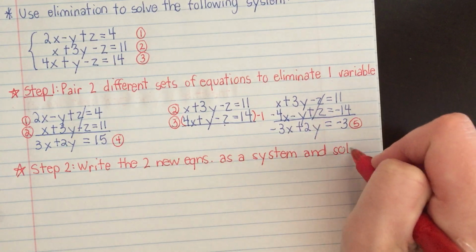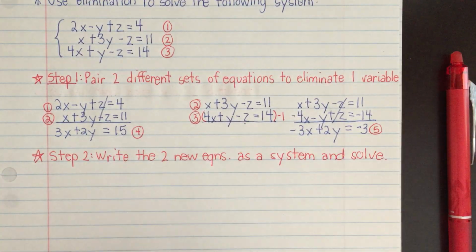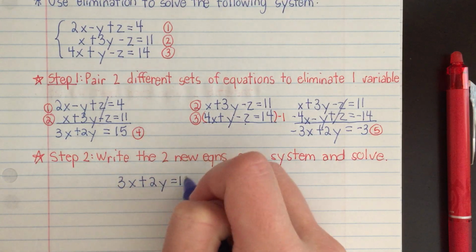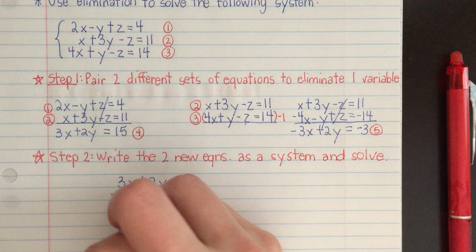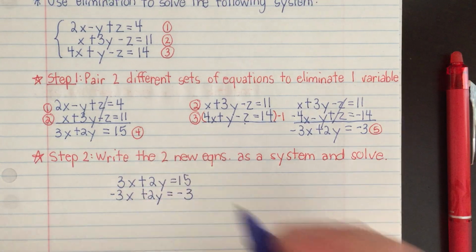Now this goes back to Algebra 1. I've got two new equations here, 4 and 5: 3x plus 2y equals 15, and -3x plus 2y equals -3.